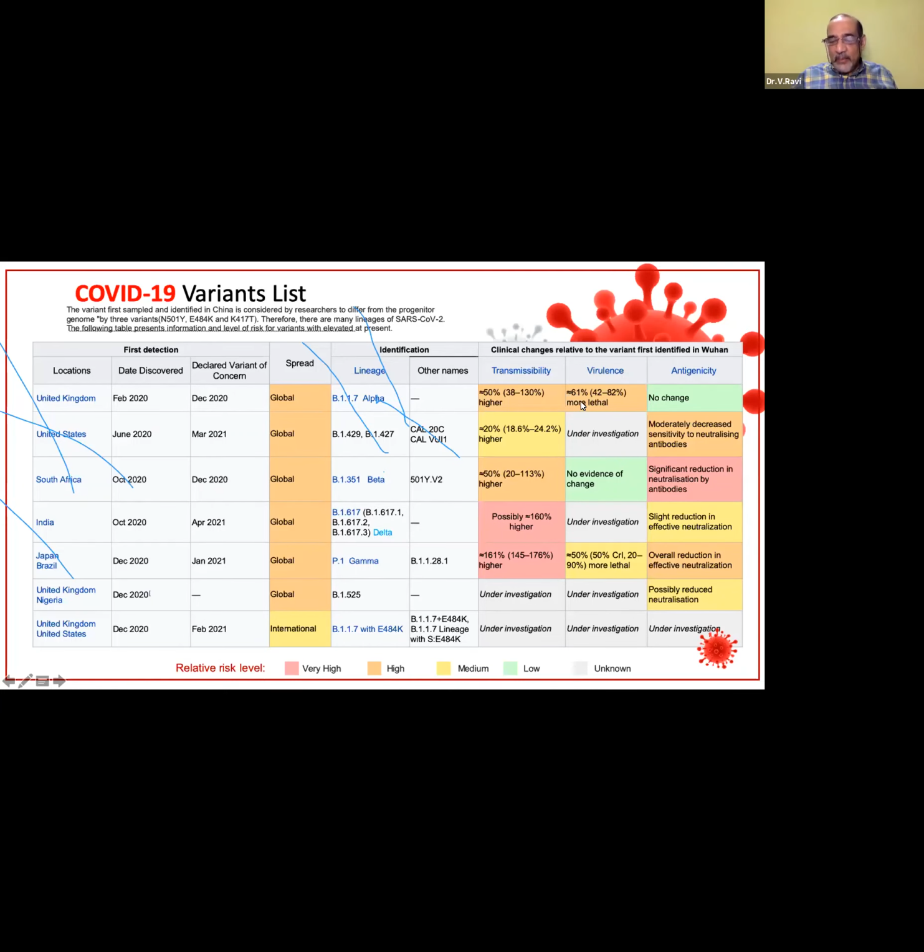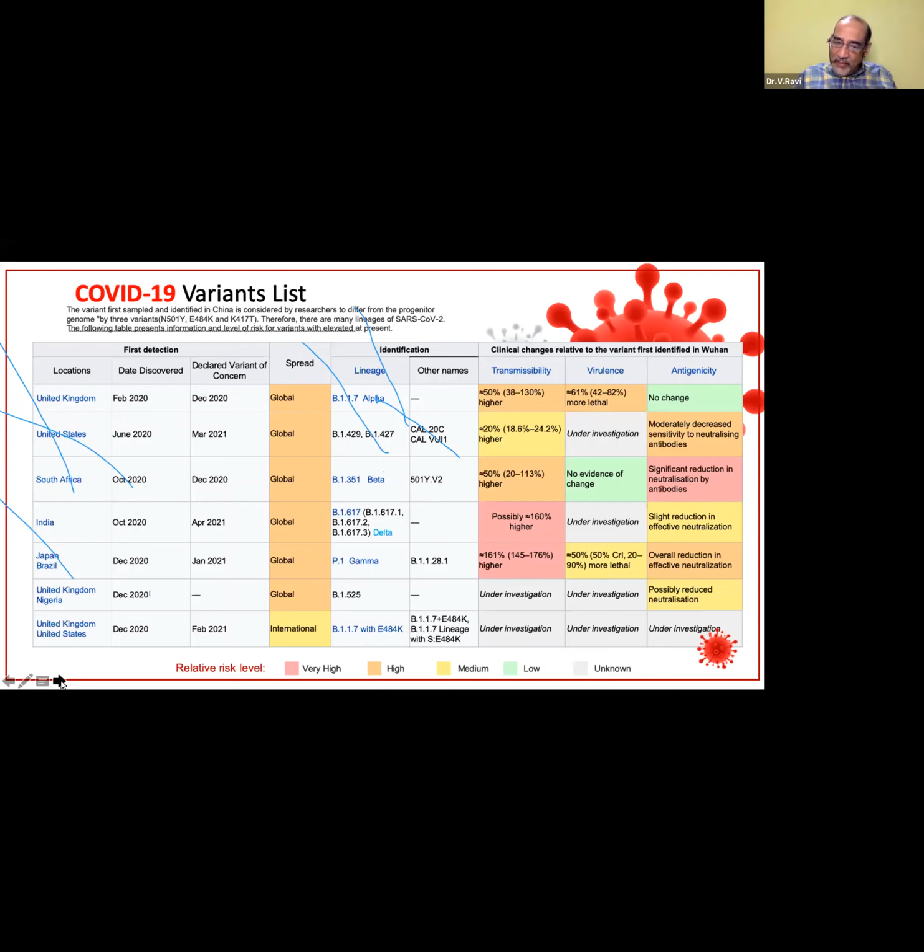One study, a couple of studies that were reproduced in UK, saying that maybe clinical phenotype is more severe, and so also with the Brazilian variant, but not with the other variants. We don't have concrete data. In terms of antigenicity, the biggest culprit is the South African or the beta variant, which has shown the maximum escape from existing vaccines.